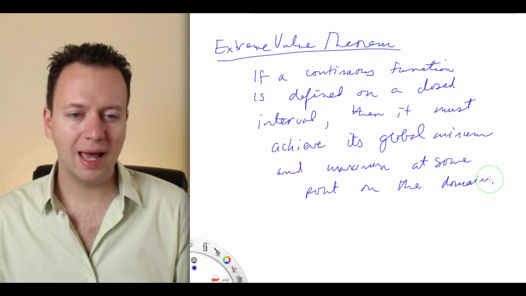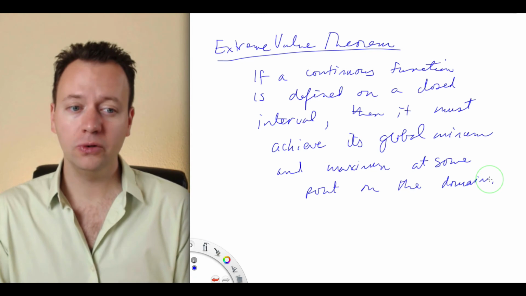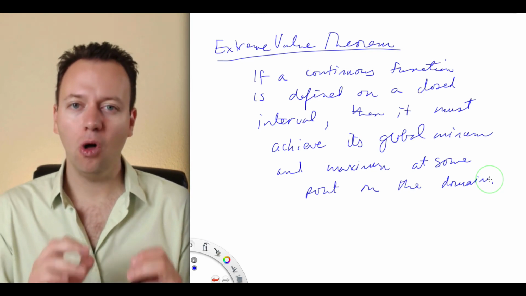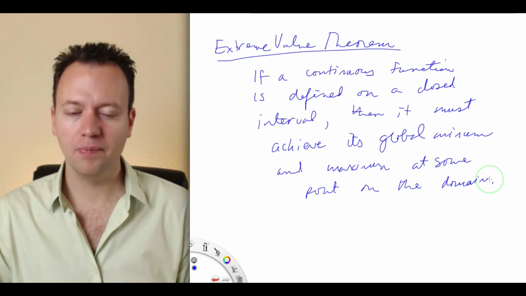In other words, as long as your function is continuous and it's defined on a closed interval, then it will always possess a global maximum and a global minimum.